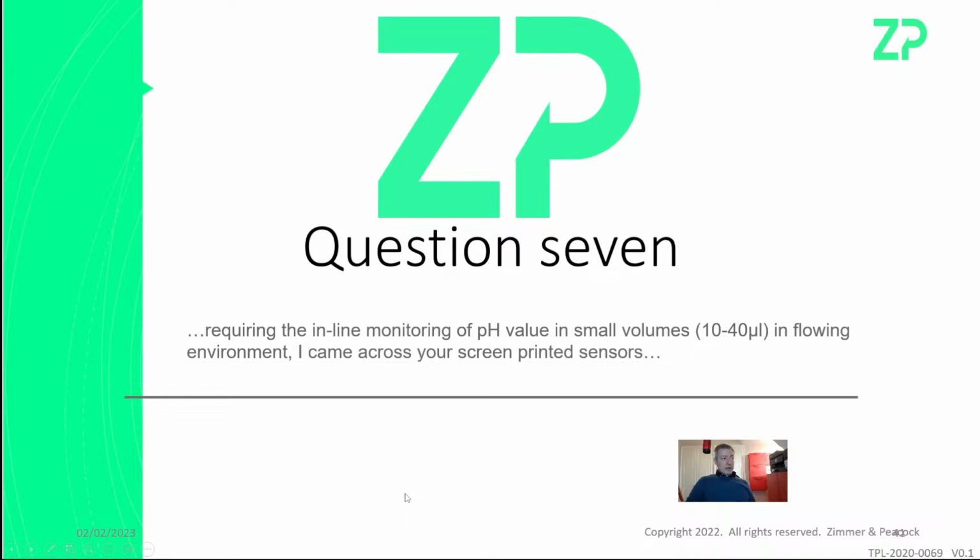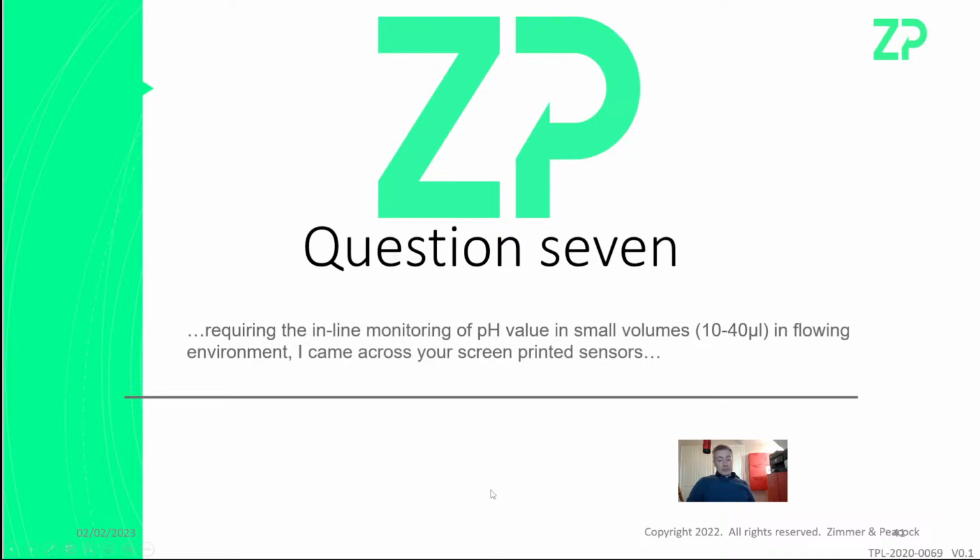We did get a question about measuring small volumes. It's probably worth saying that when we're testing things like pH sensors, we're often putting on something like 30 to 50 microliters, because that's a typical drop size. We'll put a drop on there and we'll get a signal, so we don't have any problems with flowing.